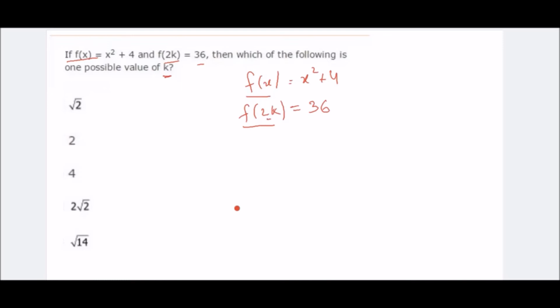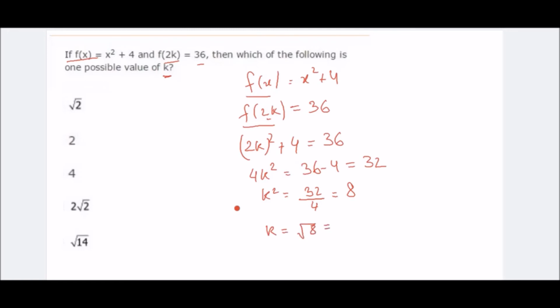That's why the equation will be (2k) whole square plus 4 is equal to 36. So that will become 4k square equal to 36 minus 4, that is equal to 32. So k square equal to 32 divided by 4 is equal to 8, and k will be root over 8, and that becomes 2 root 2. So our answer is the fourth option.